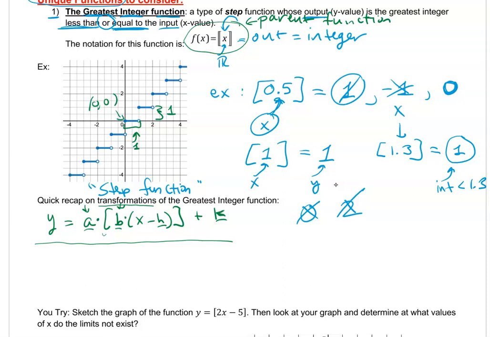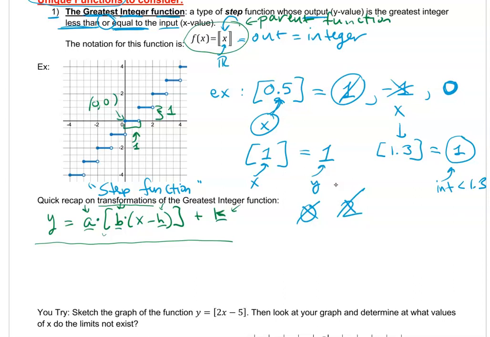And then h is being added or subtracted to the x inside the bracket, and k is being added or subtracted from the greatest integer. So the b and h values are going to change your x length or location, and the a and k values will change your y height or location.